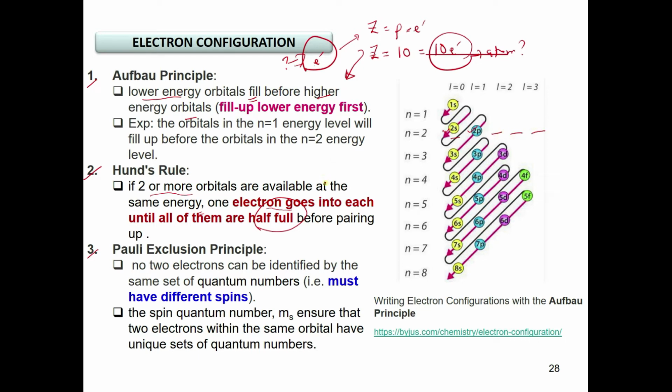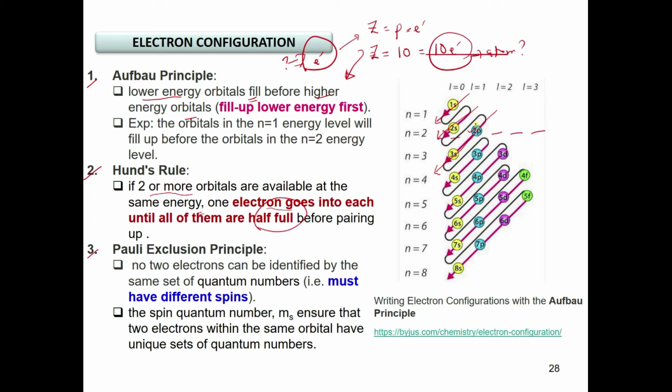So following Hund's rule, as the electrons fill up the lower energy first, they fill the 1s orbital, followed by the 2s orbital, then the 2p orbital, followed by the 3s orbital.